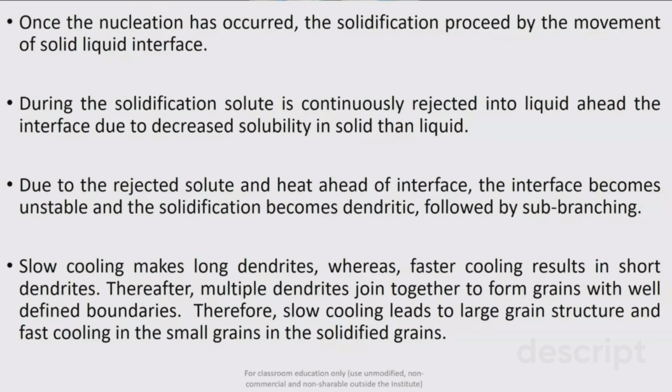Within a grain, you can observe more dendrites that have joined together, and this leads to the formation of a dendritic microstructure. Therefore, slow cooling leads to a large grain structure, because there the crystal or grain growth will be more as compared to the small grains which form in faster cooling.